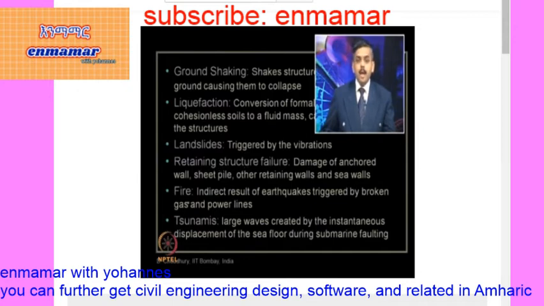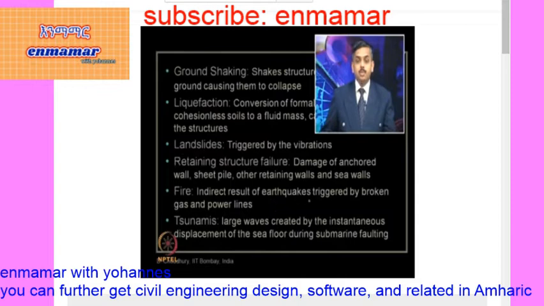Another aspect of earthquake engineering, or I will say the sub effect or indirect effect of earthquake damage, is fire related damage. It is the indirect result of earthquakes, triggered by broken gas and power lines.